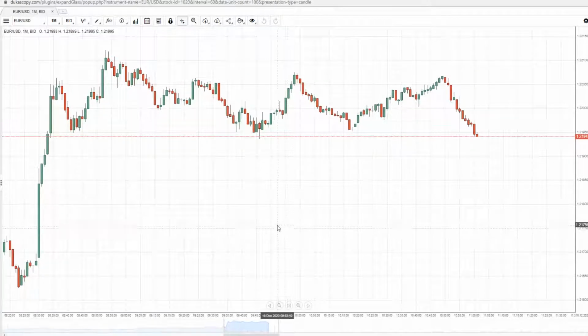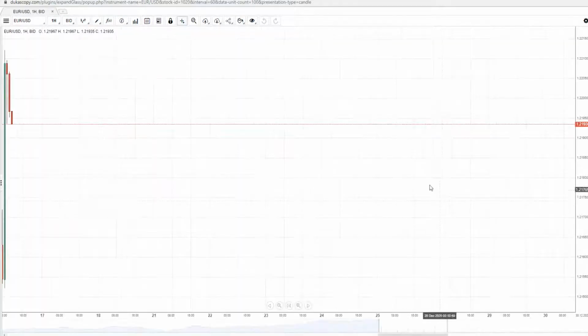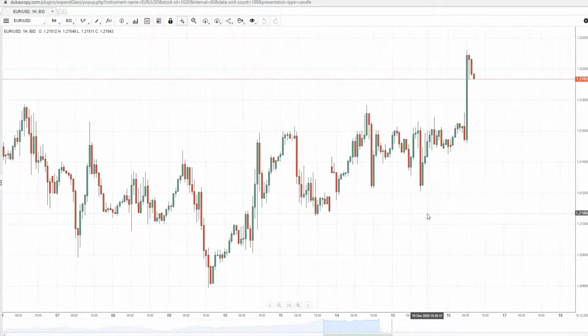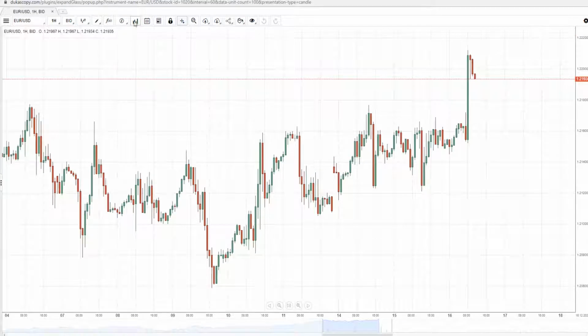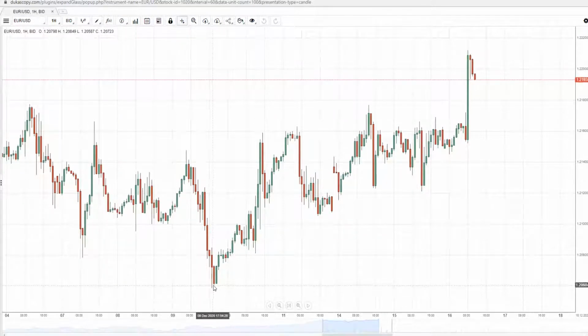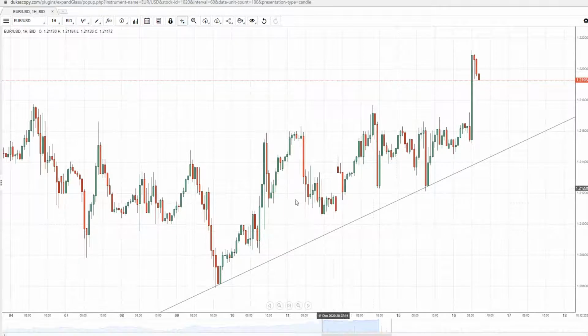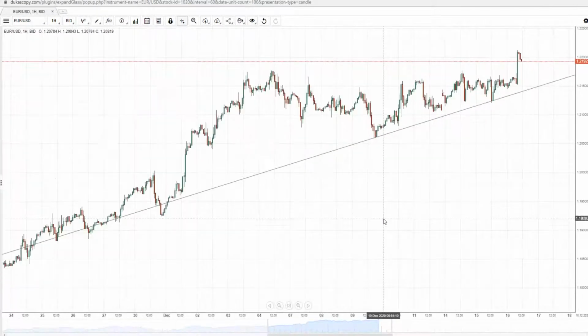So I will use Euro USD. Let us use Euro USD for this strategy. Let me go to the daily time frame to see. Okay, the 1 hour time frame. So on the 1 hour time frame, we can see that this is going in an ascending channel. If you take this channel line, this trend line, you hit it at this point, we can see that this is an ascending channel, ascending trend line, right?